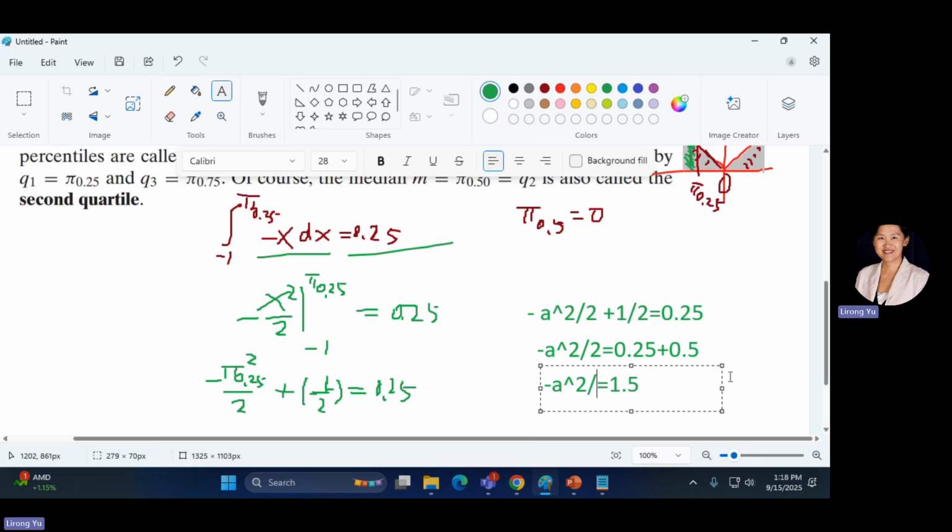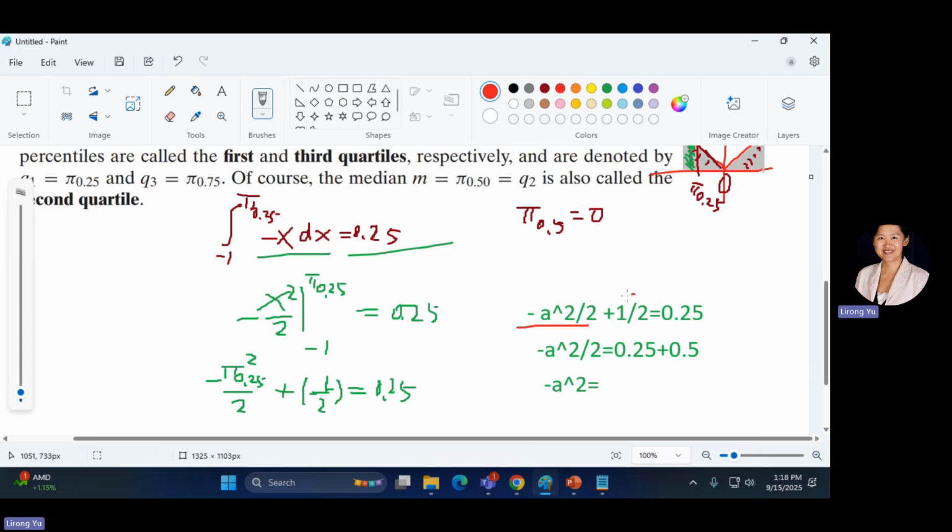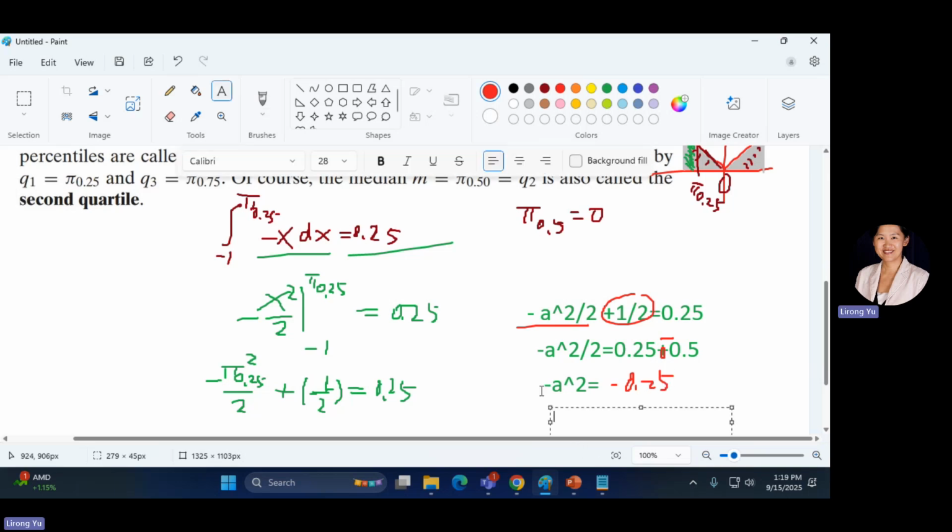It's minus, right? Oh, wrong. Yeah, that was wrong. We should solve for a, so over the plus, I was supposed to do a minus there. So it's negative 0.25. Okay, so then a squared, and you multiply by 2.